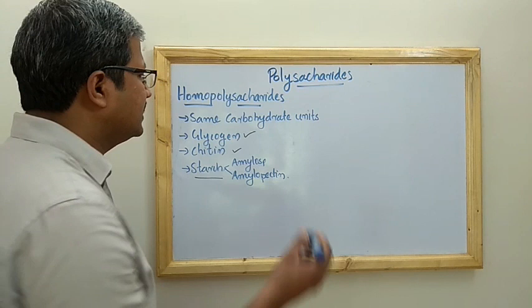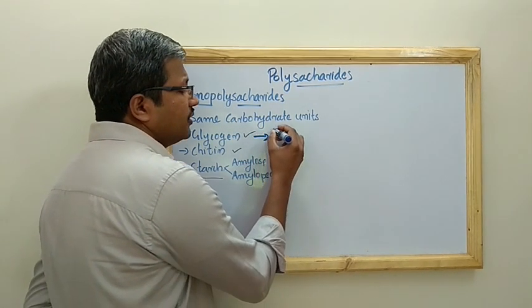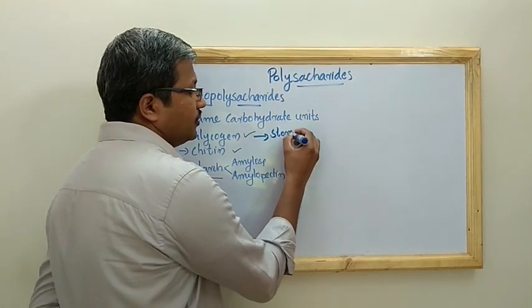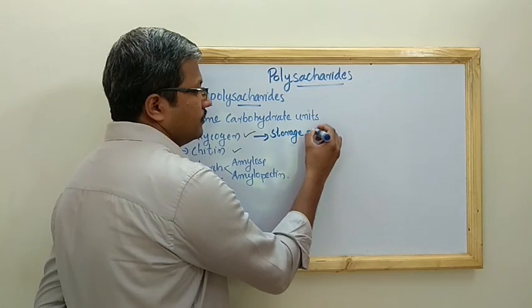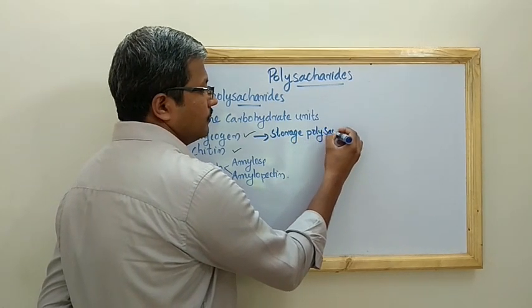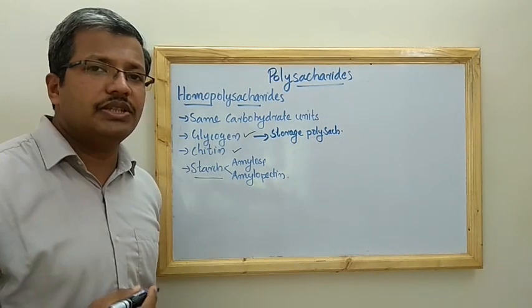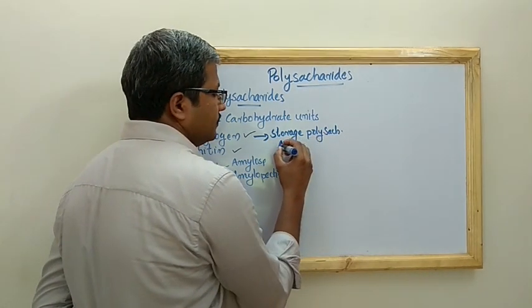We know that glycogen is the storage polysaccharide in animals.